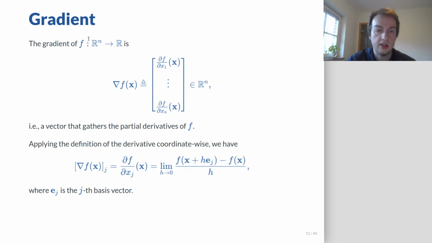So it takes as input some vector in Rn, but then this function is still scalar valued, so the output is still some value in R. And then what we'll do is that we'll define now the gradient of this function as the vector of the partial derivatives of the function with respect to each one of its arguments, right? So this is what we'll denote with this notation. So nabla of f of x will define that as the gradient of the partial derivative of the function with respect to each one of its arguments.